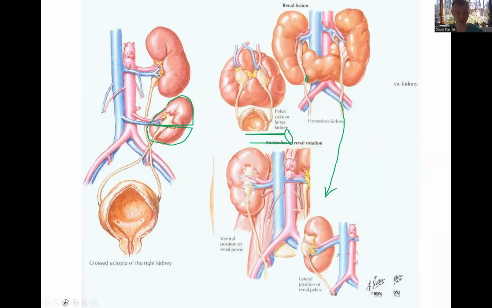Here you can see different shapes, mainly the horseshoe kidney or the cake or pancake kidney here, or change in the rotation of the kidney so that the hilum is located ventrally.